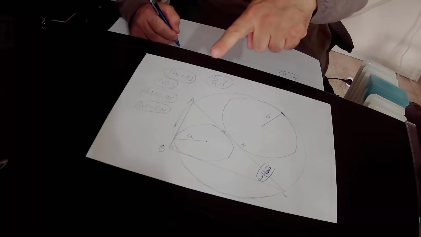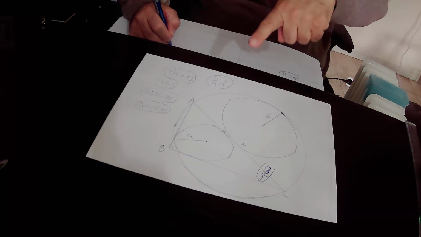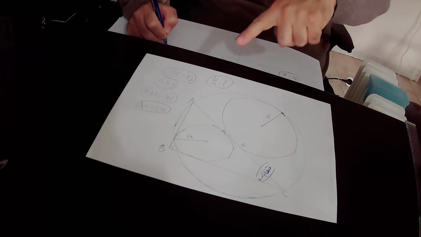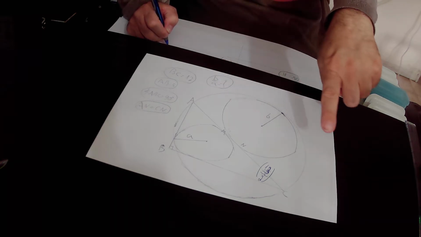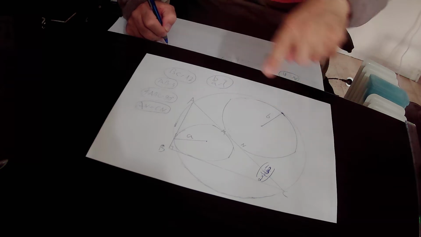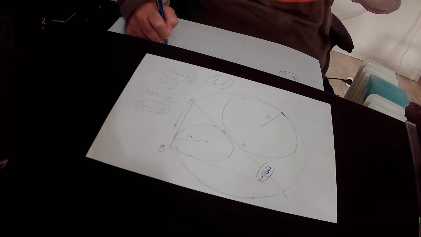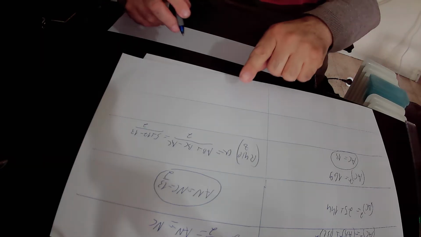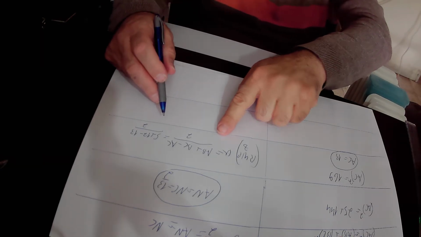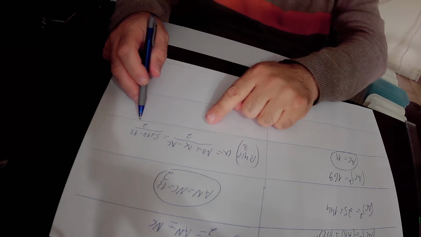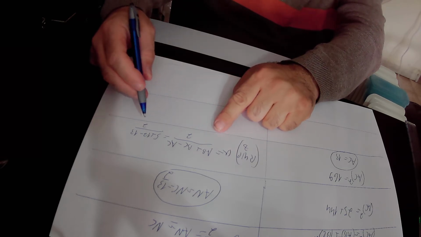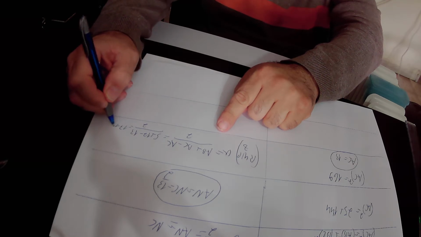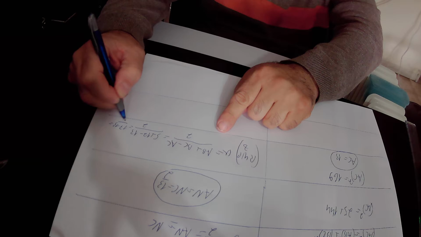AB is 5, according to what is given in the question. BC is 12. Minus the hypotenuse AC. So in conclusion, we found that AB is 5, BC is 12, and AC is 13. 5 plus 12 is 17. 17 minus 13 is 4.